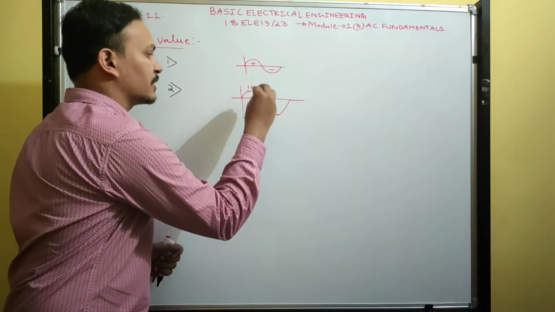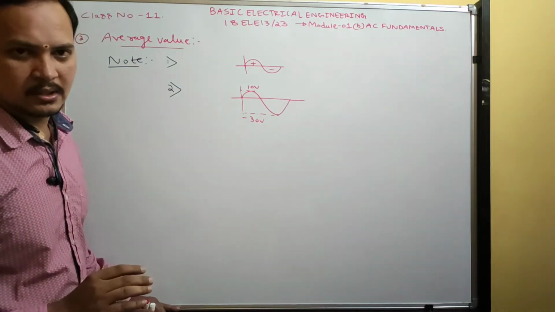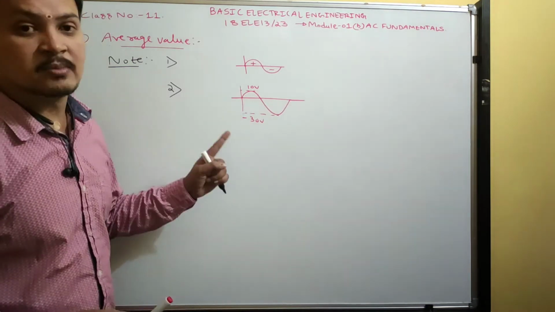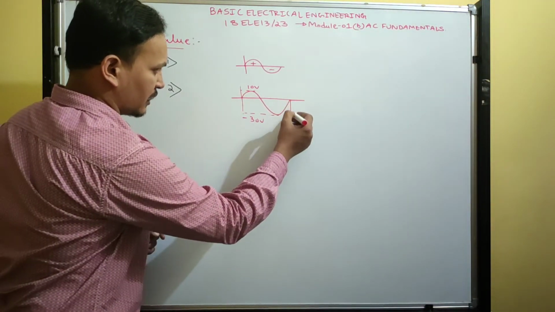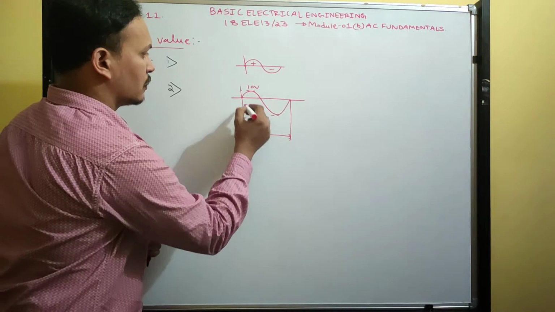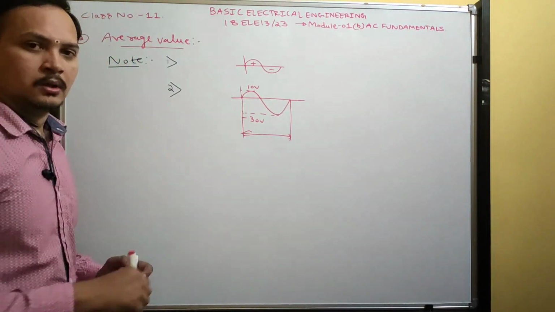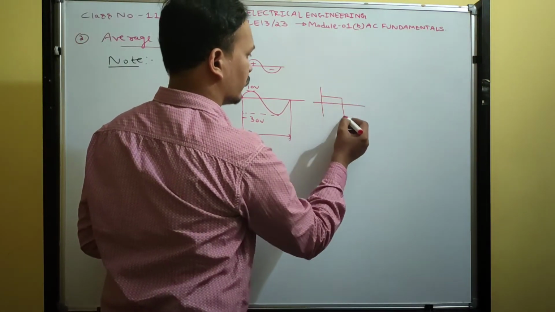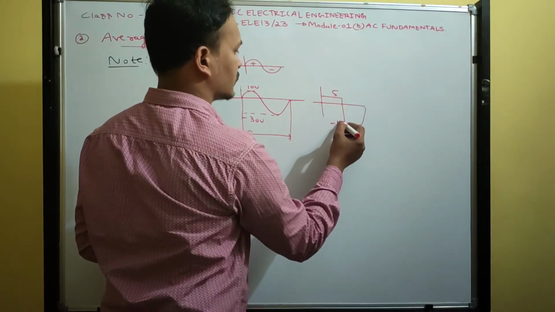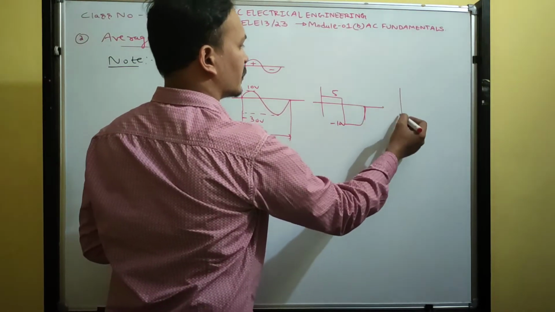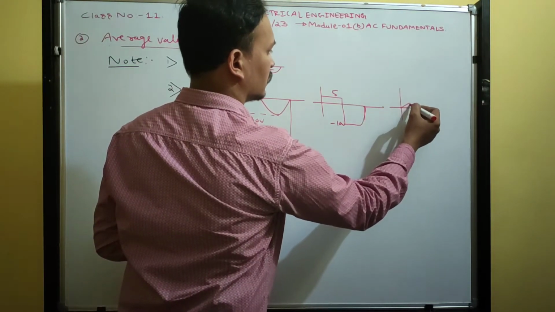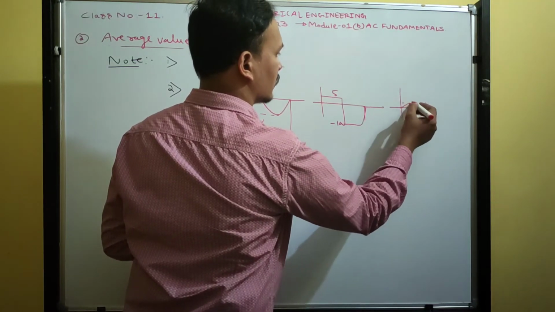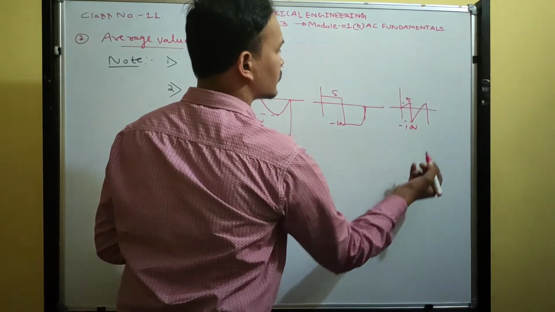It does not have equal set of positive and negative values. This is called unsymmetric waveform. So for unsymmetric waveforms, you have to consider full cycle to compute average value. So the waveform may be like this, square waveform, 5 volt minus 10 volt, or maybe trapezoidal waveform. See, this voltage is 5 and this voltage is minus 10.